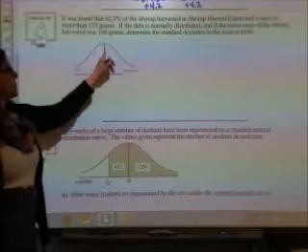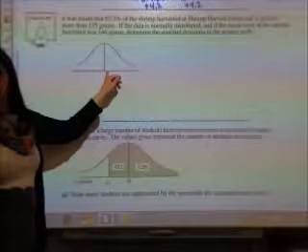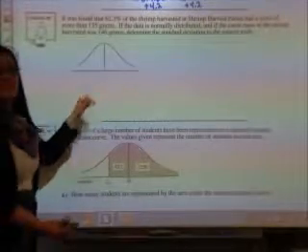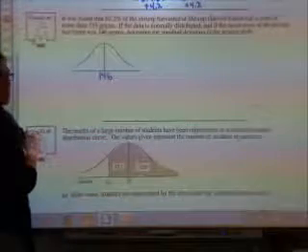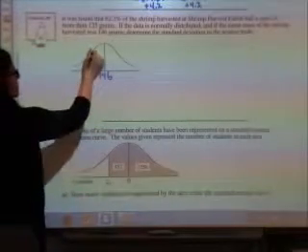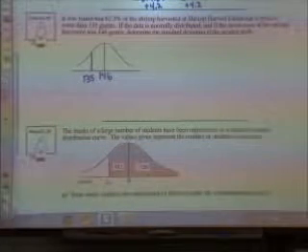What goes in the center? 146. Okay, where's 135 going to go? Just to the left. What else do I know? 62.3%, which would be like here.